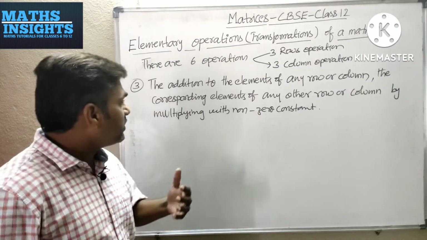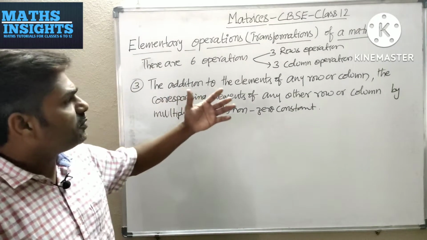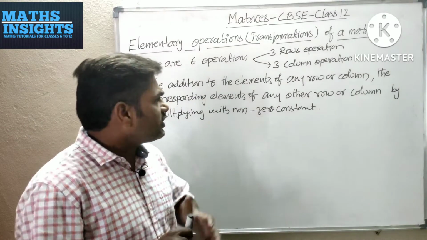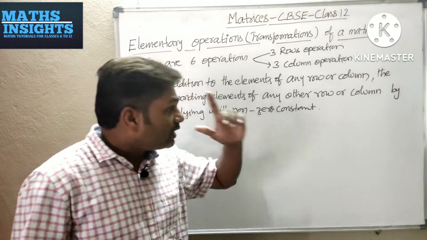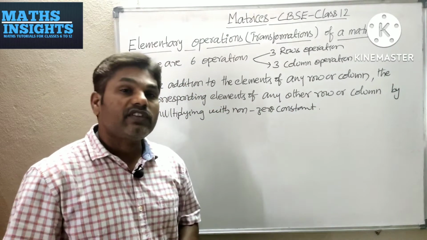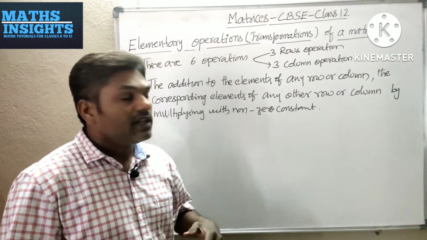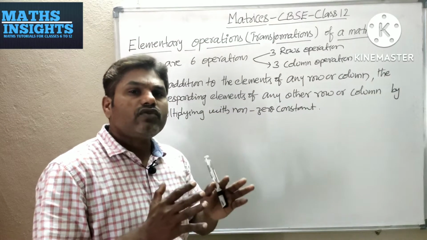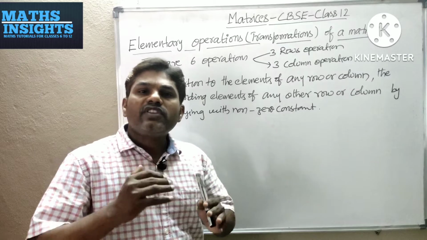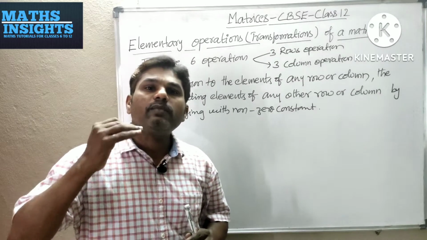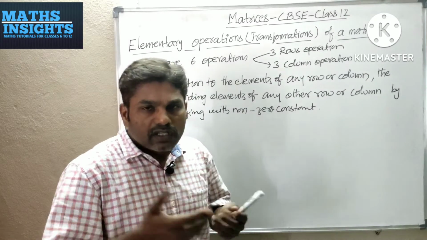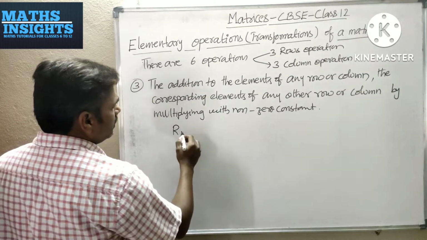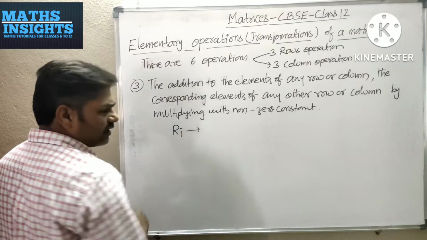The third transformation is very important: the addition to the elements of any row or column. You can add the corresponding elements of any other row or column by multiplying with a non-zero constant. This may be a little bit confusing, but it's very easy. Suppose I am taking R1, that can be written as Ri.